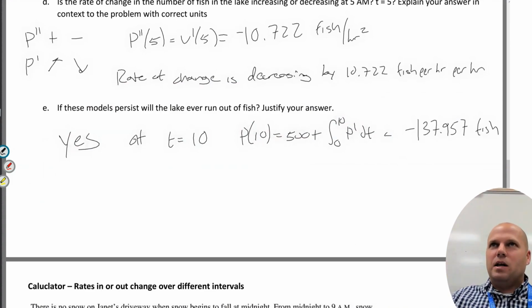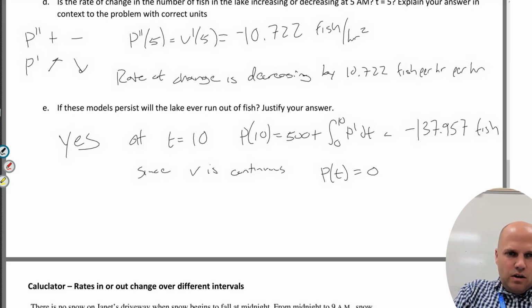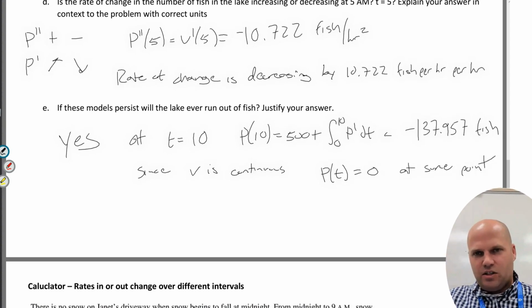Your fish level must hit 0. You could say since P is continuous, P at some t must equal 0 at some point. Or you could just say you can't have negative fish, you must hit 0.